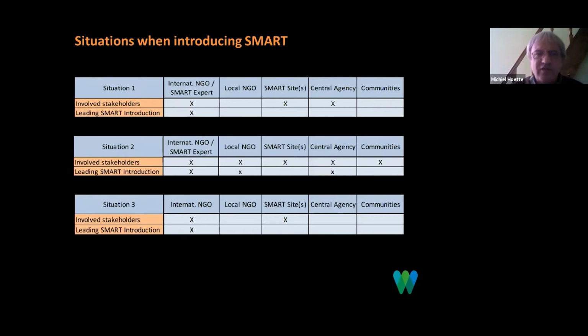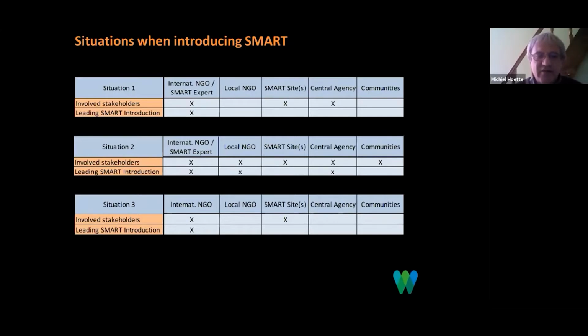And there are, of course, different situations that you can be in. For instance, below, situation 3 is the not so favorable situation that we have in Russia, where there's just one NGO, WCS, Wildlife Conservation Society, who took the initiative to start introducing SMART to protected areas with Amur tigers, Siberian tigers.